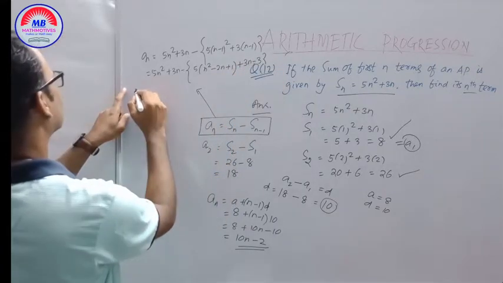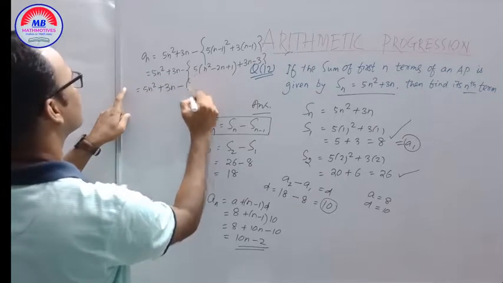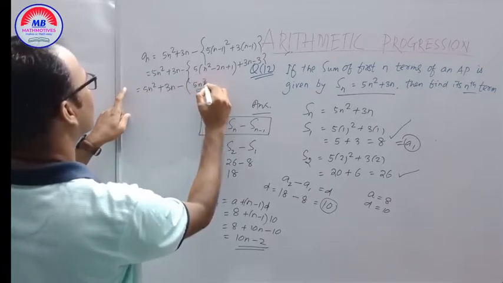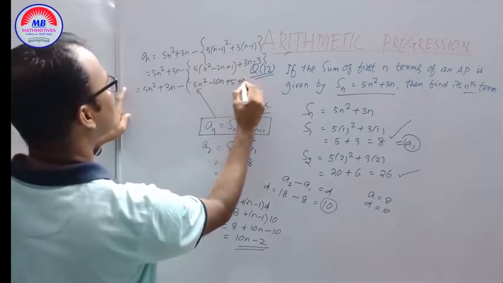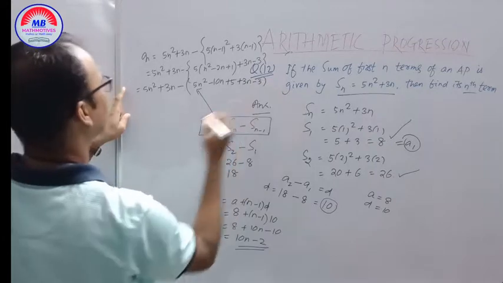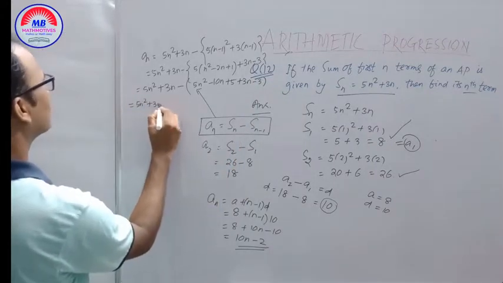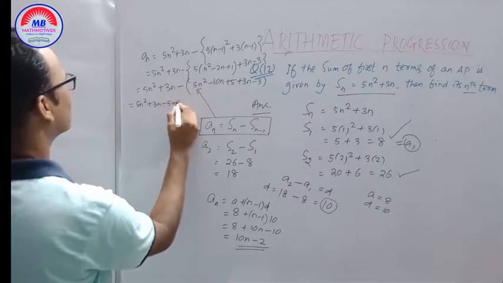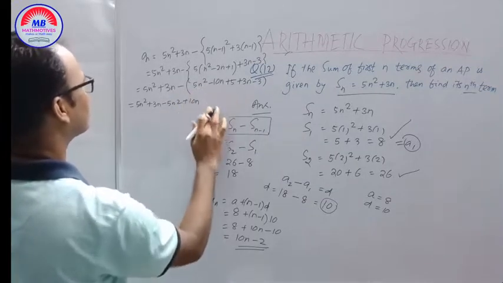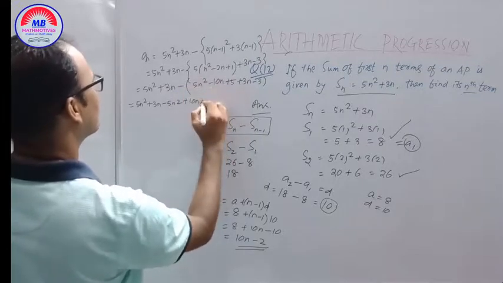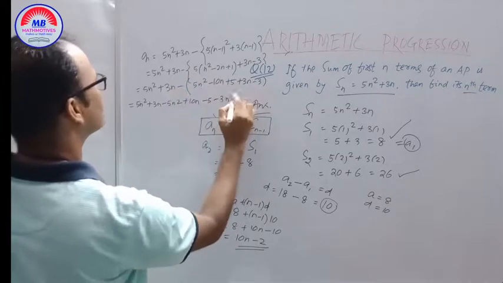That equals 5n square plus 3n minus 5n square plus 10n minus 5 minus 3n plus 3.